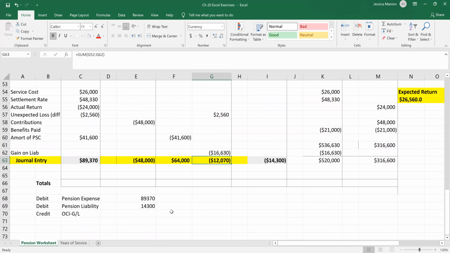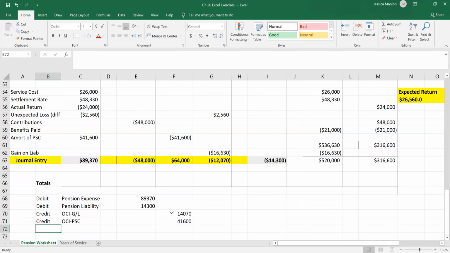So 14,070, and then credit OCI for prior service cost. And we've got 41,600 there.